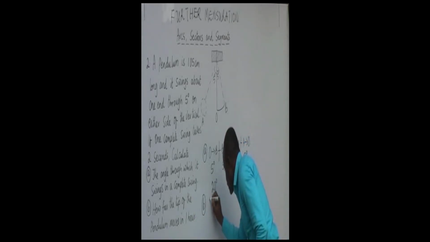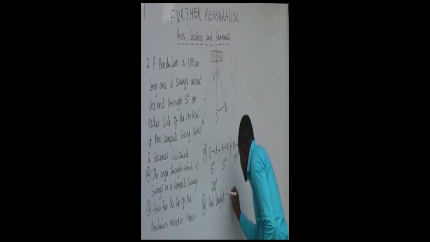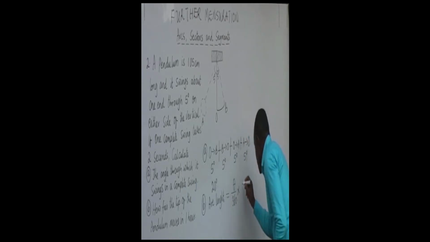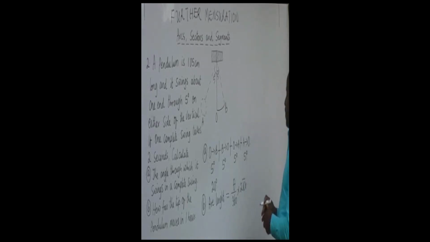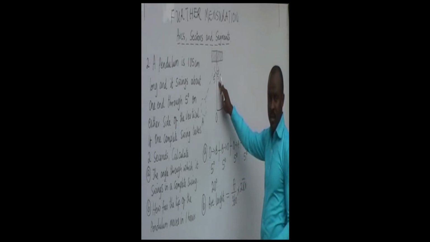Arc length is calculated from this formula: theta all over 360 times 2 pi r. In this case now, our theta is 5 degrees.